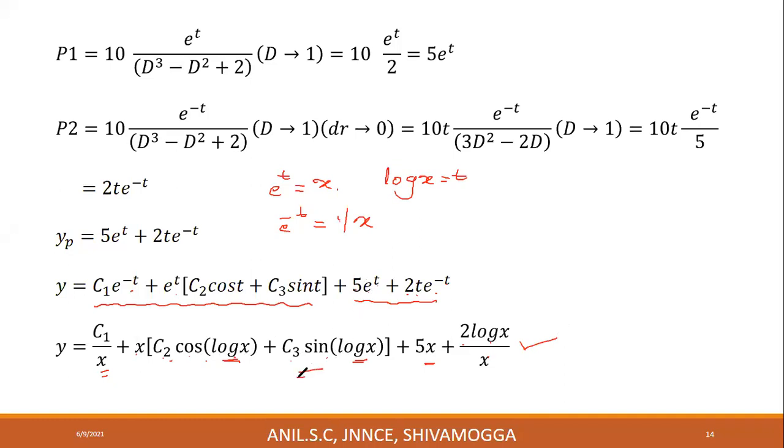If you do not know this resubstitution, at least write like this, where log x is equal to t or x is equal to e power t. At least you write this. This is better.